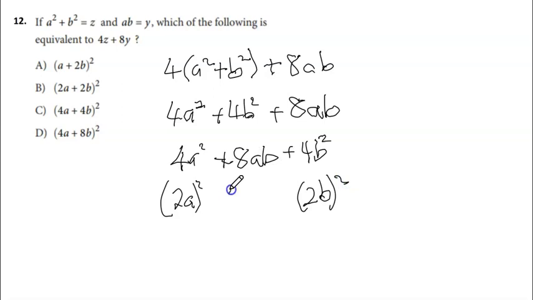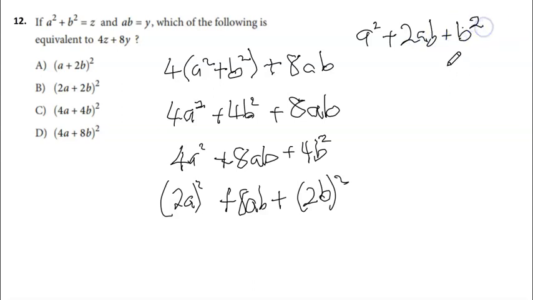And then over here we have our plus 8AB. The reason I'm writing it like this is to be able to see how this relates to our regular equation. A squared plus 2AB plus B squared, right?